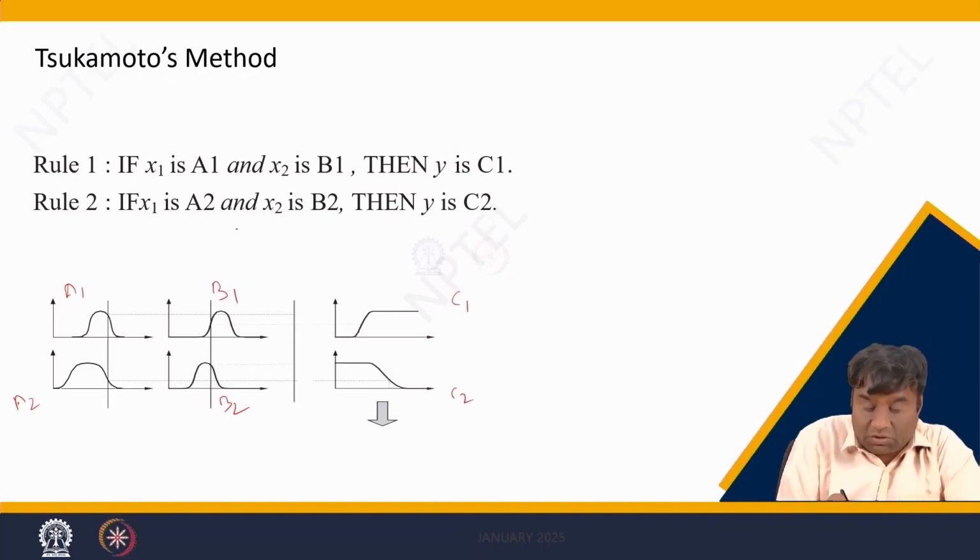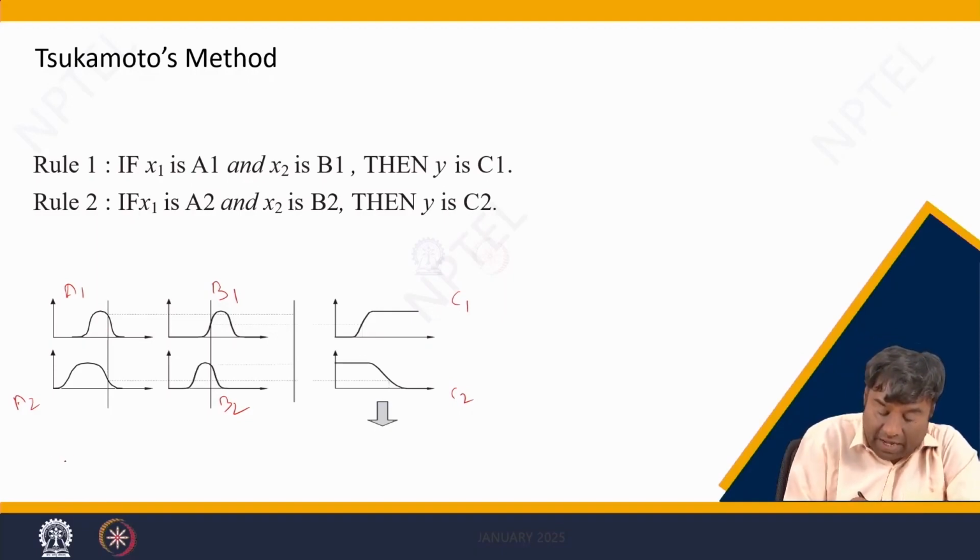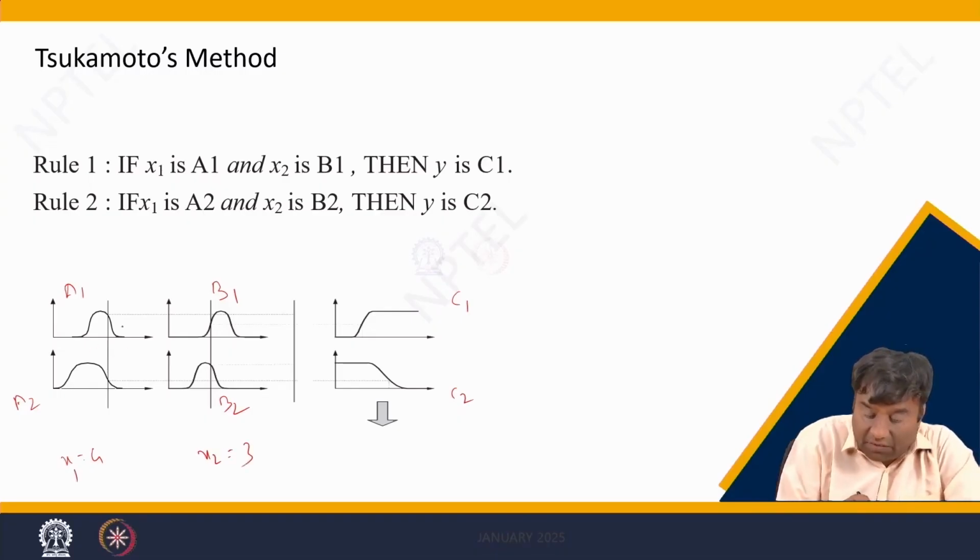Both are connected with and, so there is a minimum value. So put here x1 equal to 4, x2 equal to 3. So here suppose this value is 0.5, this is 0.2.